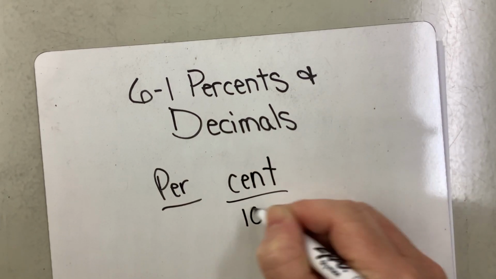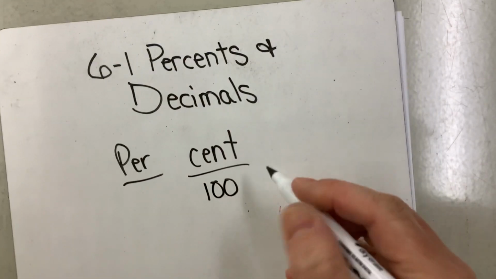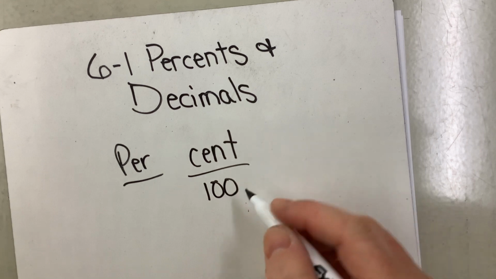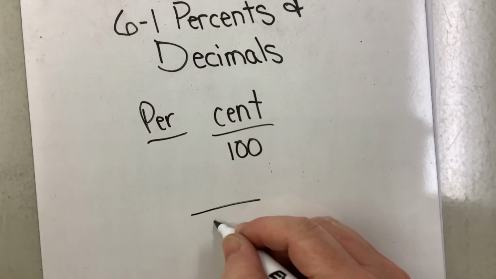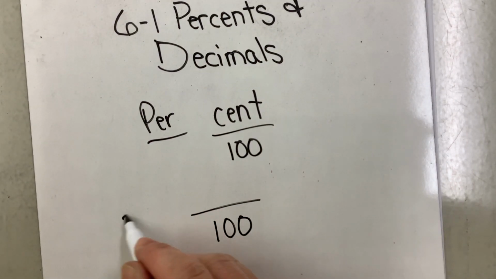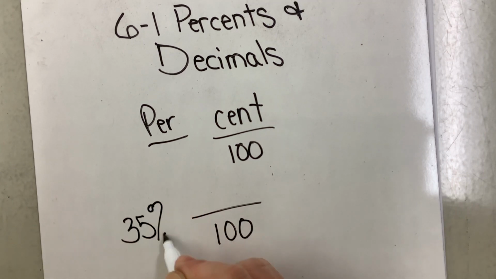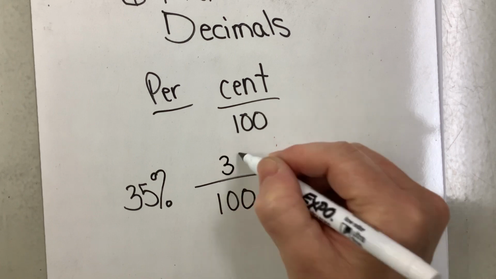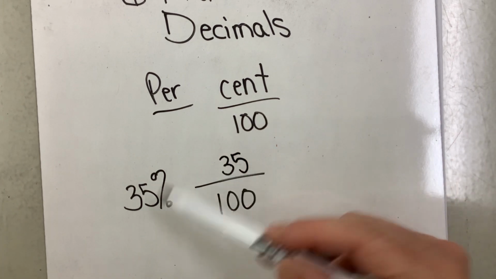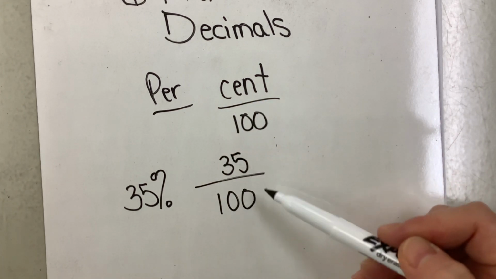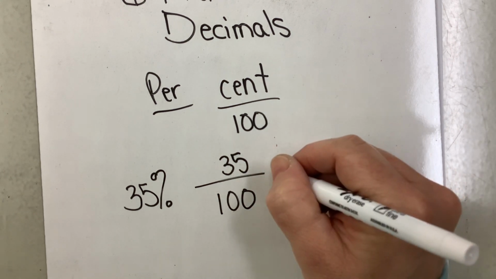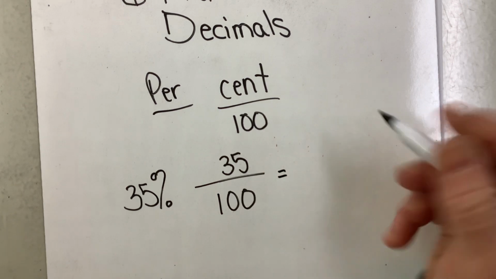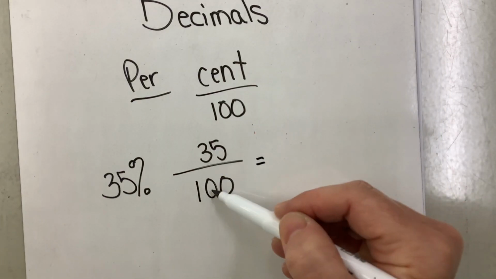Well, that's per 100, which means whenever we have a number, we're going to take our percent, so our 35%, and we're going to write it as either a fraction, 35 per cents, well, how many cents are in a dollar, which would have to be reduced. This also equals 35 hundredths.